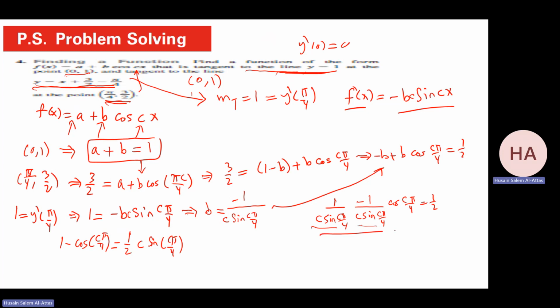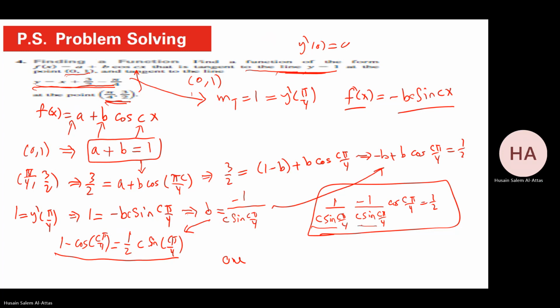I'm solving this equation. Rearrange it. The problem is that many values of c will work. So any c satisfying this, you get c, then you plug it here, you get the b, you plug it here, you get the a.